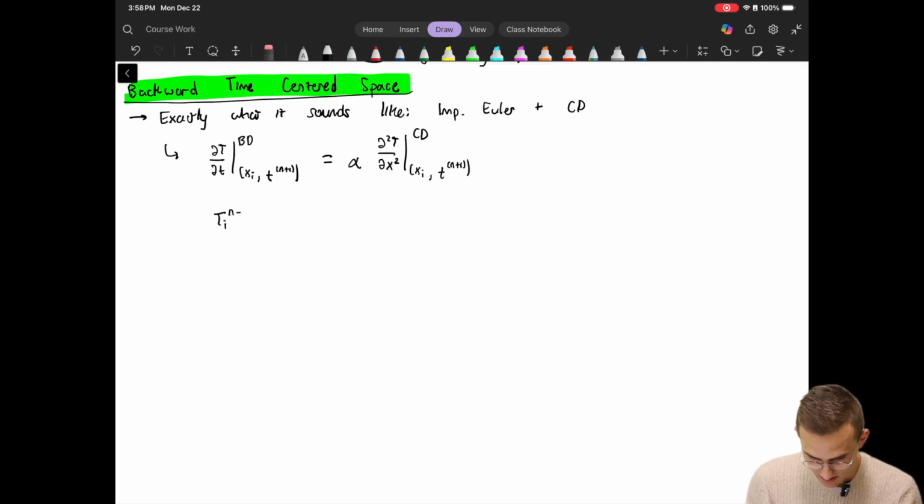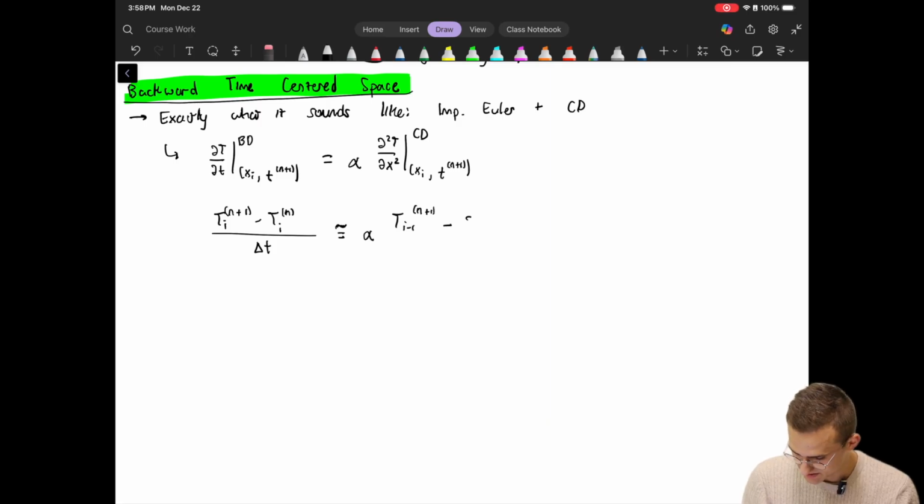Then we have T_i^(n+1) minus T_i^n divided by delta t is approximately equal to, since we're applying a discretization scheme, we should put that in there, alpha times T_(i-1)^(n+1) minus 2 times T_i^(n+1) plus T_(i+1)^(n+1), all divided by delta x squared.